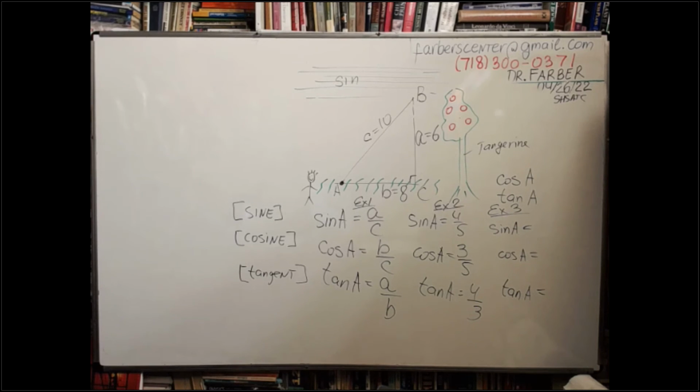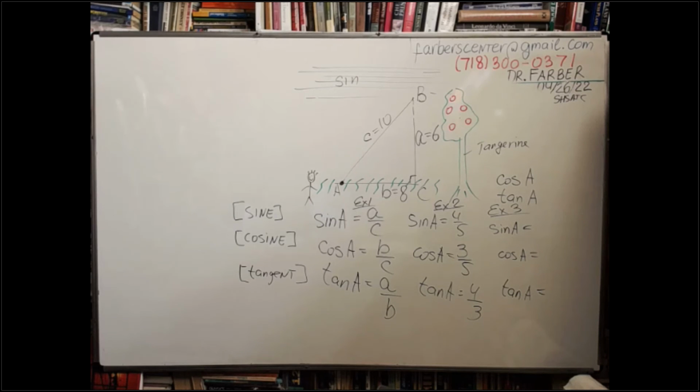Okay, Daniel, explain how you got these answers, please. And after that, Nicole, also be ready. Okay. So first, sin A. I see that it's A over C, and we just plug in the numbers. So A is 6, and C is 10. Then cos A, same thing.